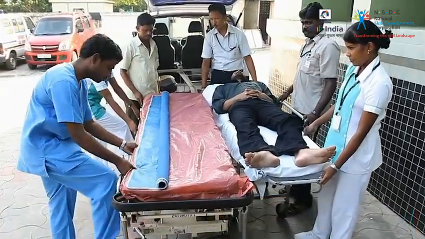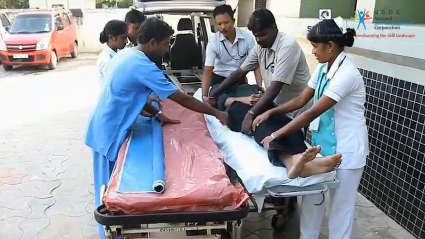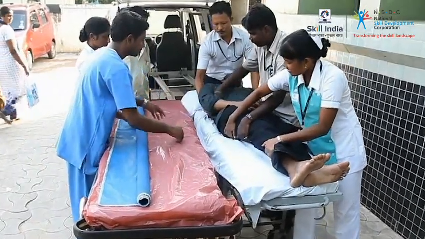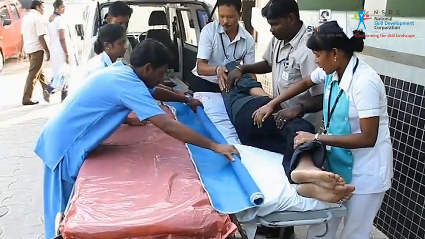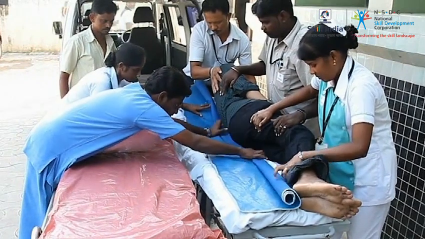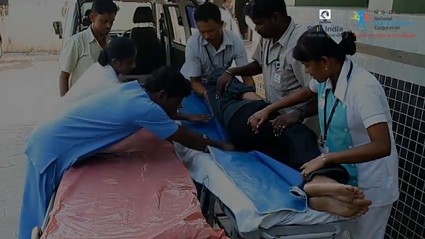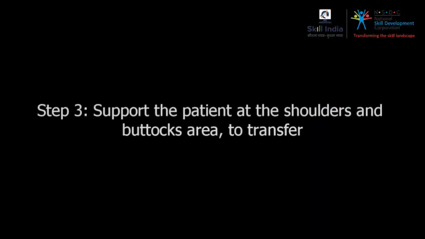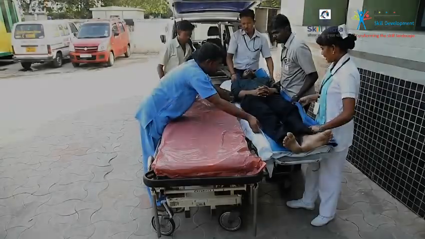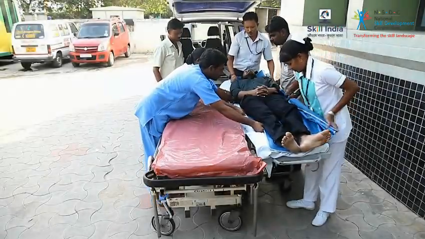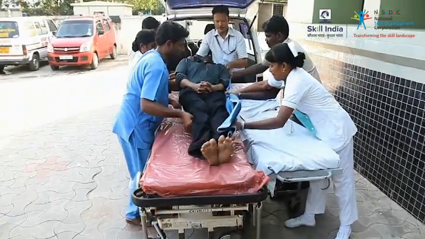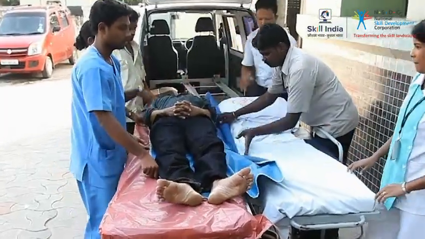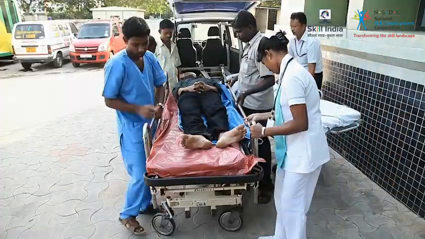With the help of the ambulance team and hospital assistants, move the patient to the side of the bed by rolling him or her towards you. Support the patient at the shoulders and buttocks area to transfer from the ambulance bed to a stretcher.